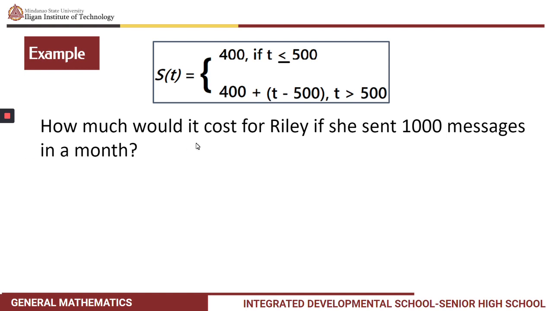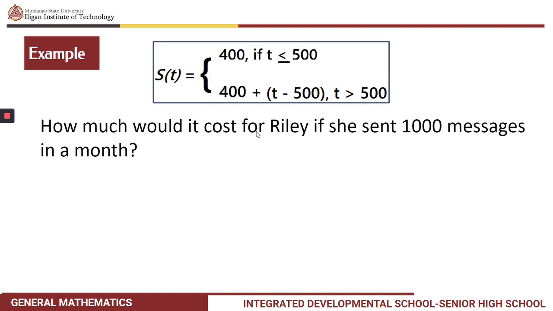So again, ang gagawin lang natin is mag-substitute. So before mag-substitute, tingnan muna natin kung saan nabibelong si 1,000 messages. Of course, sa second, no, because t, which is 1,000, is greater than 500.